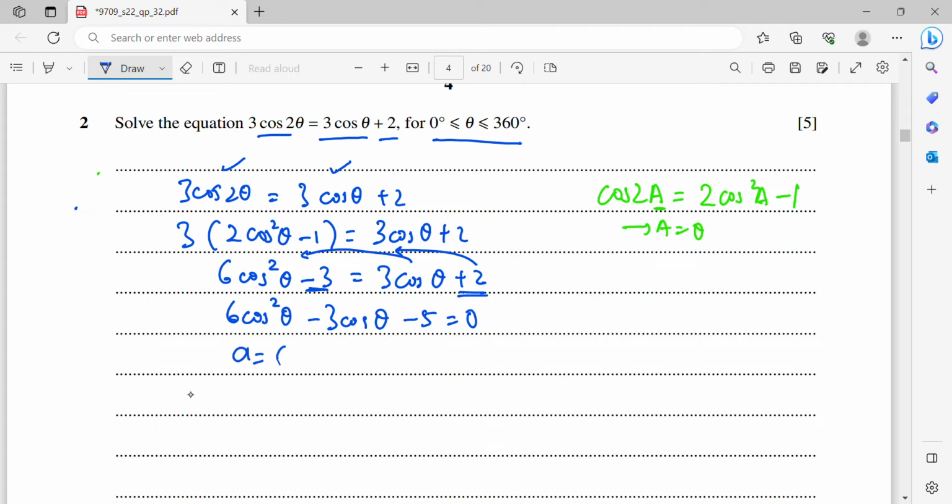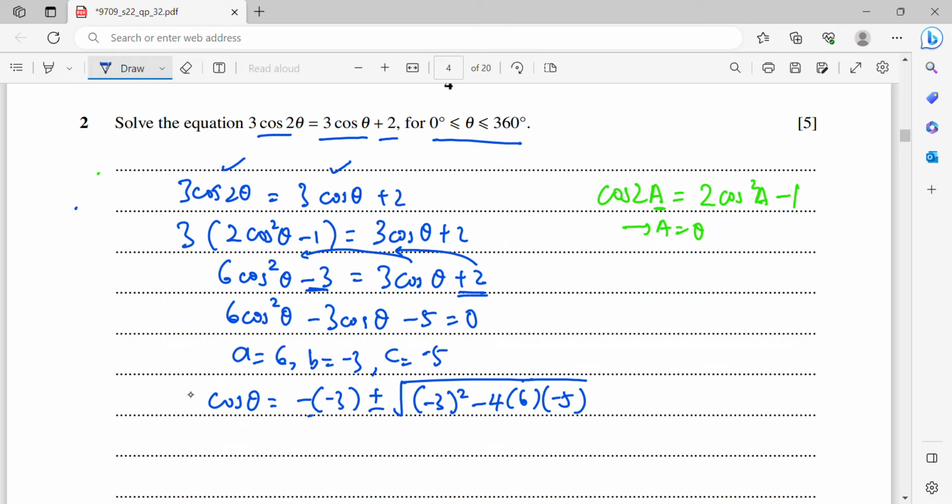So a is 6, b is minus 3, c is minus 5. So cos theta equals minus b, so minus of minus 3, plus minus square root of b squared, so minus 3 squared minus 4 times a is 6, c is minus 5, then over 2a.